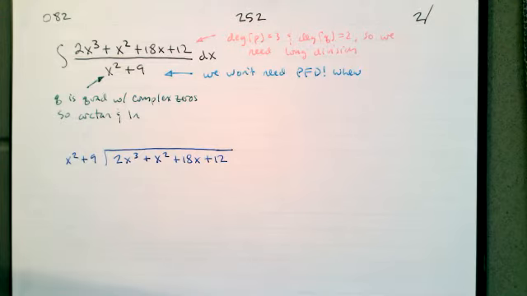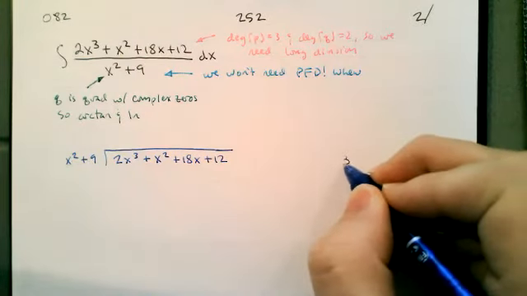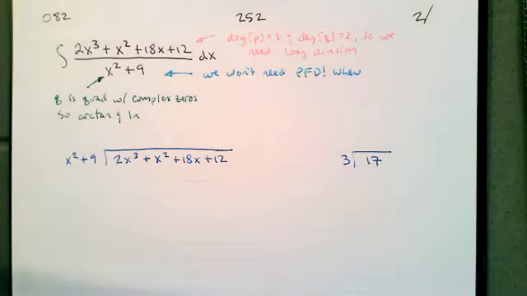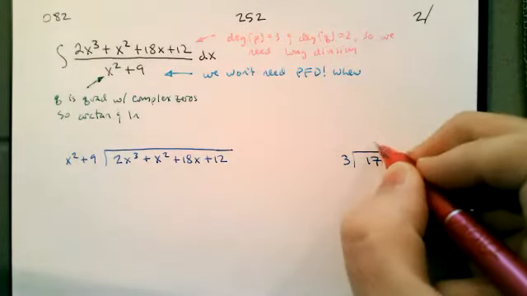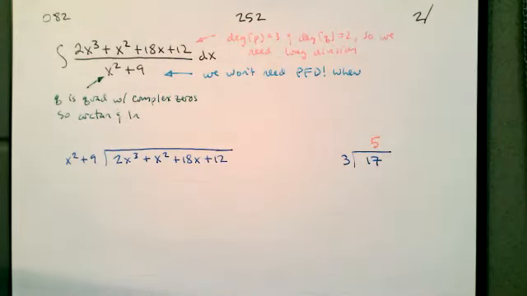So the long division is going to go the same way as long division in numbers. If I wanted to divide, let's say, 3 into 17, the first question is always the same. How many times can I subtract 3 from 17 without going negative? So when I put the 5 up on top, that means I can subtract 3 from 17 5 times without going negative.